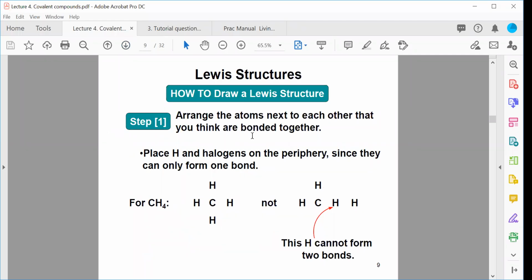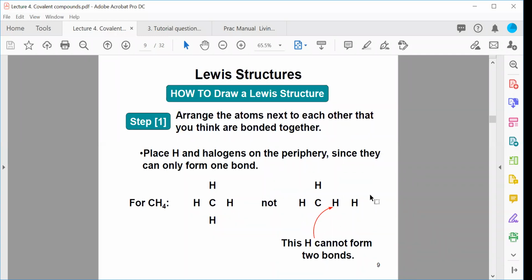Step 1, arrange the atoms next to each other that you think are bonded together. Place any hydrogens and any halogens on the periphery, since, as you know, they only form one covalent bond. So for this example, CH4, we've got carbon in the middle and it's surrounded by 4 hydrogens.